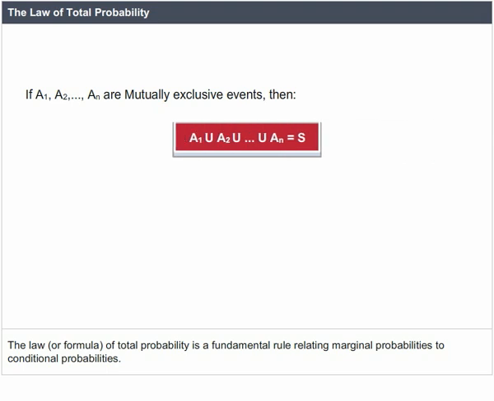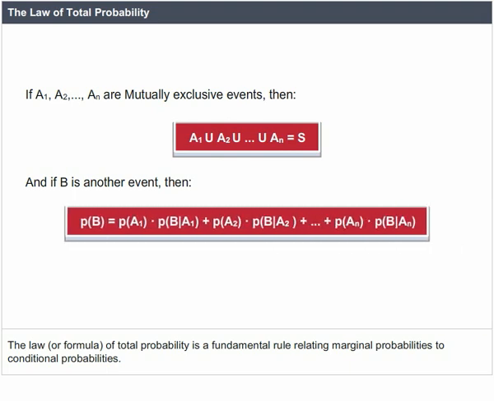A1 union A2 union etc. union An is equal to S, that is called the sample space, and if B is another event, then probability of B equal to P of A1 into probability of B given A1 plus P of A2 into P of B given A2, etc., plus P of An into probability of B given An.